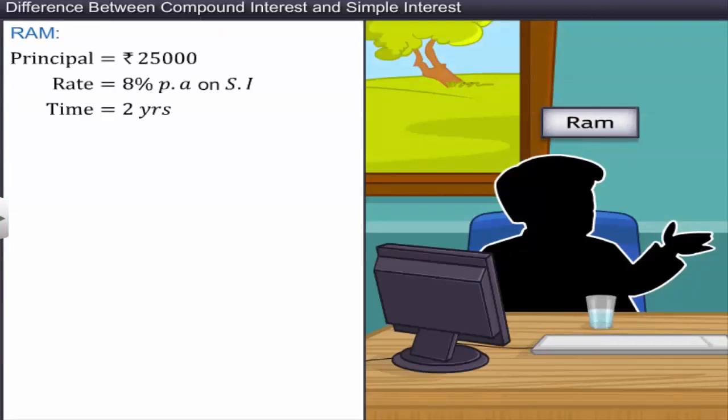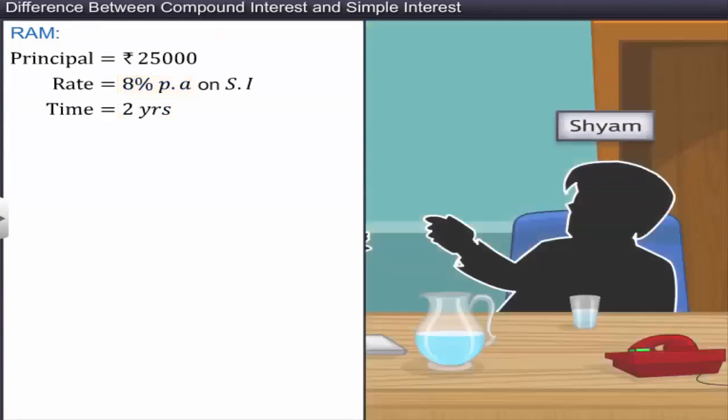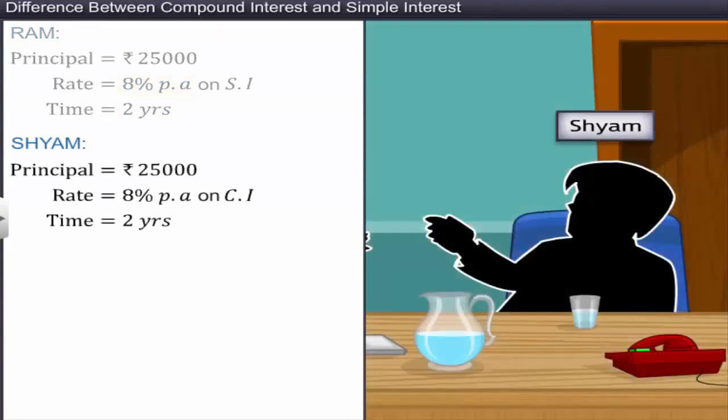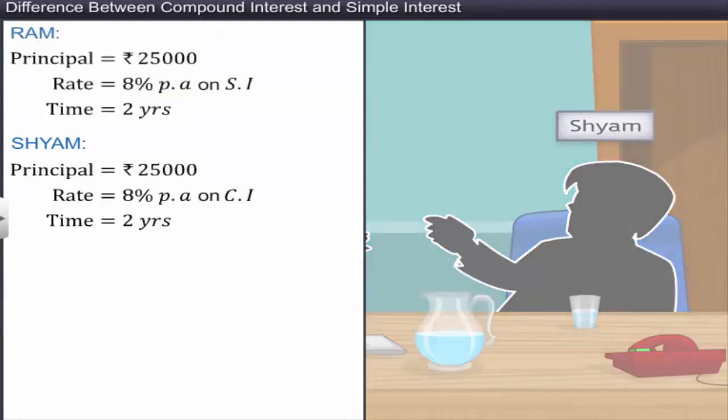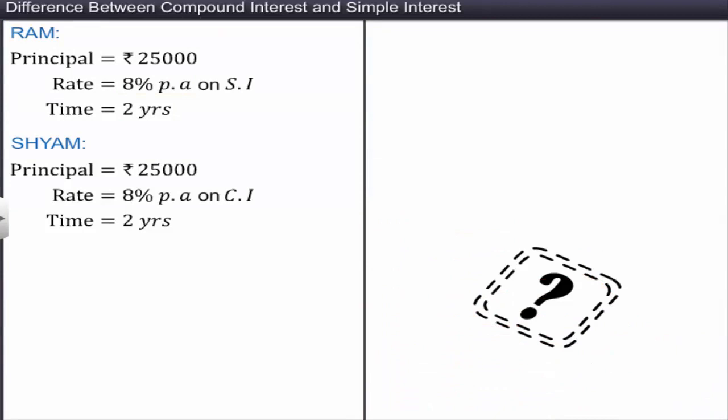Ram invested his share of profit for 2 years in a savings bank account, for which the bank pays a simple interest of 8% per annum. Shyam also invested his share for the same period and at the same rate, but with another bank that pays compound interest. Who do you think will earn more interest, and by how much?